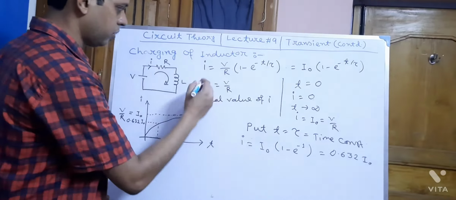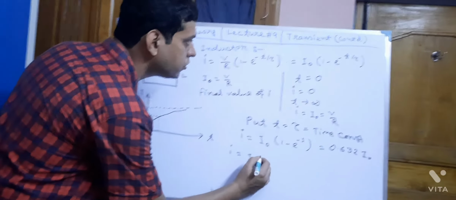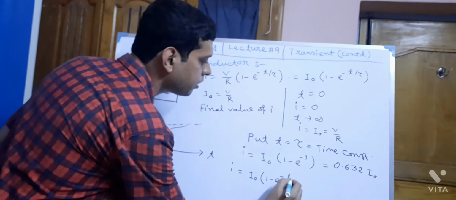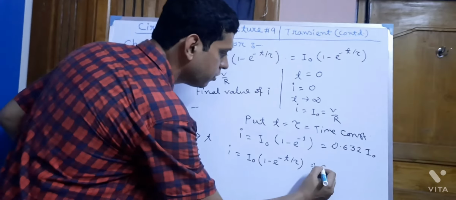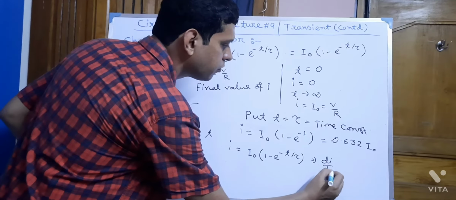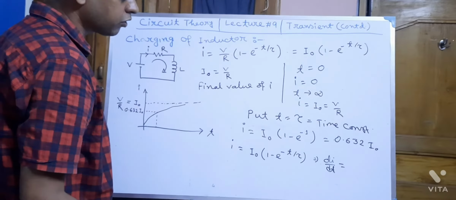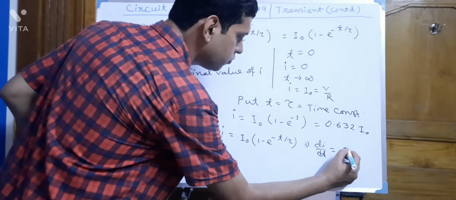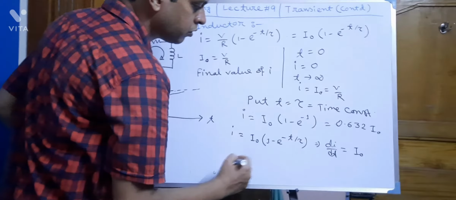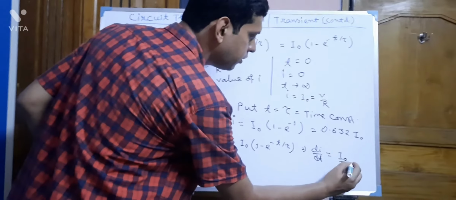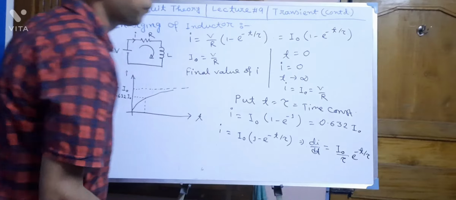Now let us take this equation, i equal to I0 into 1 minus e to the power minus t by tau. So di dt will be the rate of change of i. This will be equal to I0, the d dt of 1 will be equal to 0, and this will be I0 by tau e to the power minus t by tau.